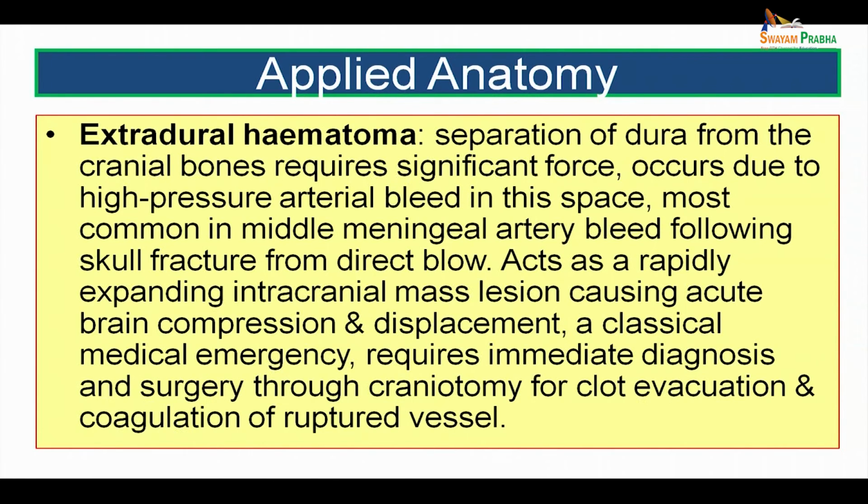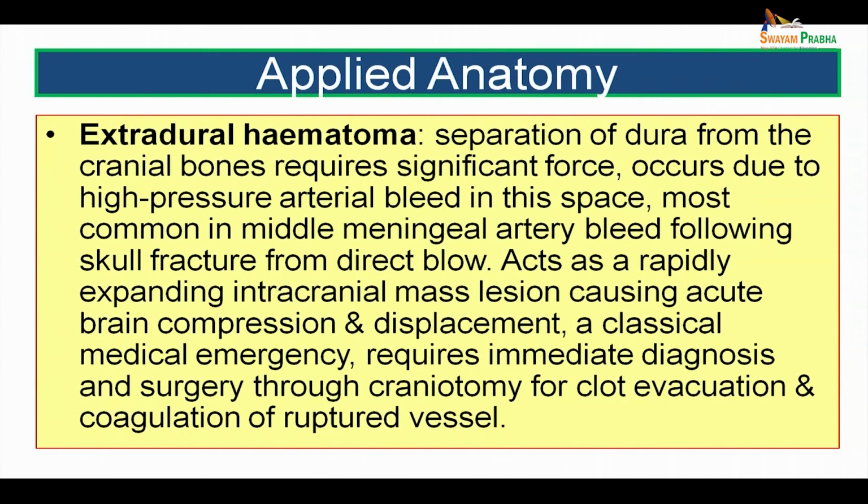Sorry, I will repeat. We now go on to study the applied anatomy of these topics. Extradural hematoma. This is separation of the dura from the cranial bones which requires significant force. It occurs due to high pressure arterial bleed in this space, most common in the middle meningeal artery.